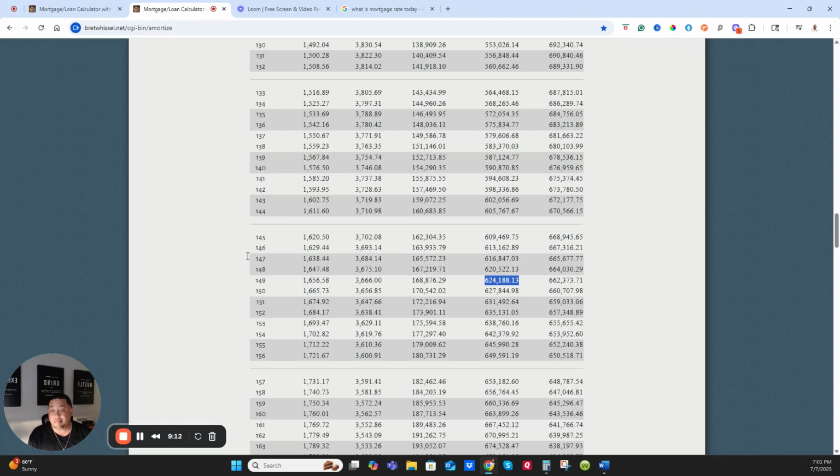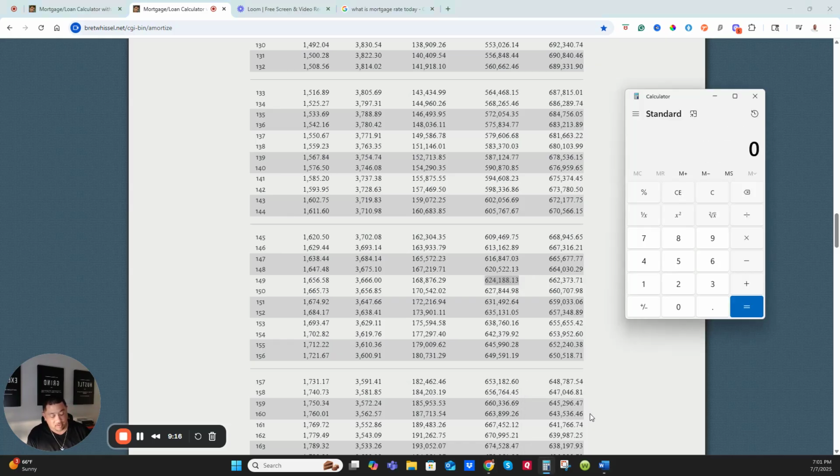Month 2 plus 148 months. What is that? That's over 12 years of payments that you saved. $624,000, and now your balance is at $662,373, right?